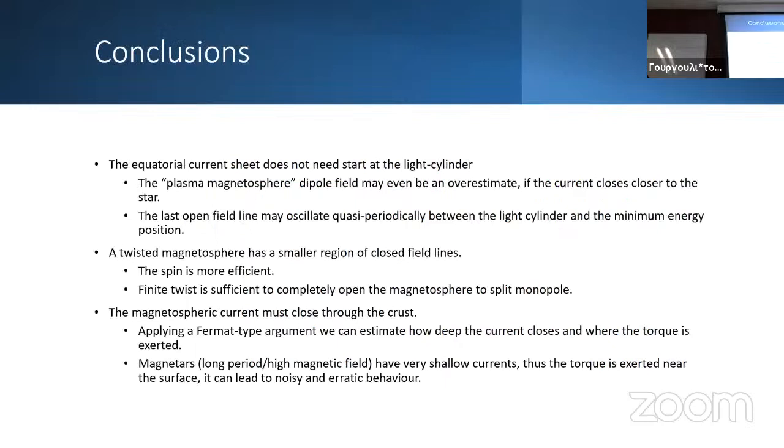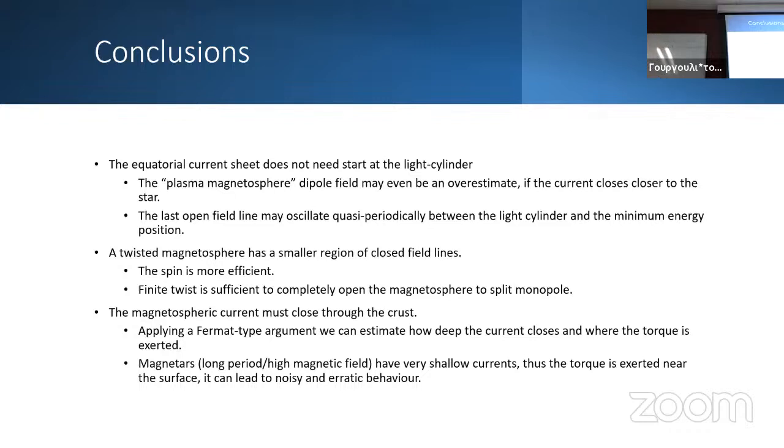Now, I'll move to my conclusions. I've discussed more or less problems about the currents of the pulsar magnetosphere. So we started with the standard magnetosphere in the axisymmetric case. What we are actually saying here is that this force-free model can actually be an overestimate if the current closes closer to the star, which is something that could be based on energetic arguments.